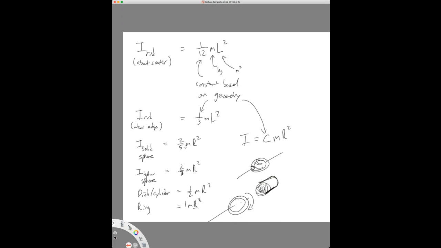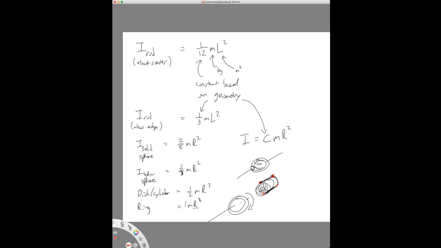And for a solid sphere, that's kind of like you have a cylinder and you cut away some of the stuff at the corners, up here and up here. You're cutting away some of the mass that's more toward the edge, and so this goes from 1/2 down to 2/5.